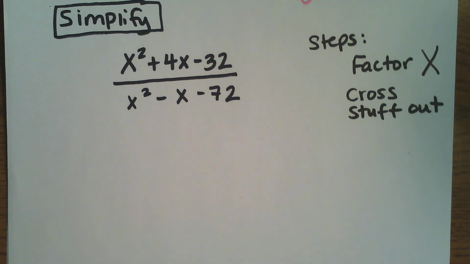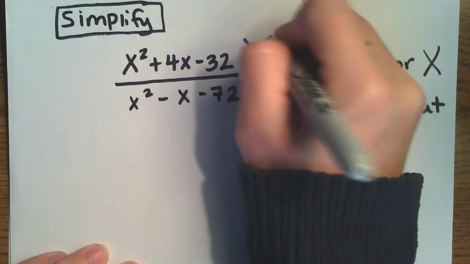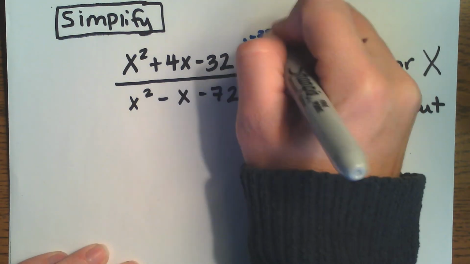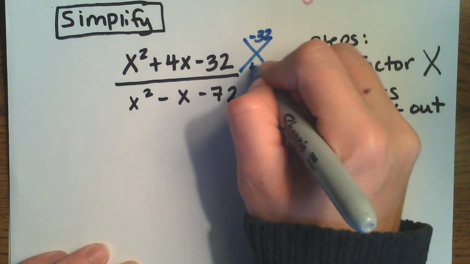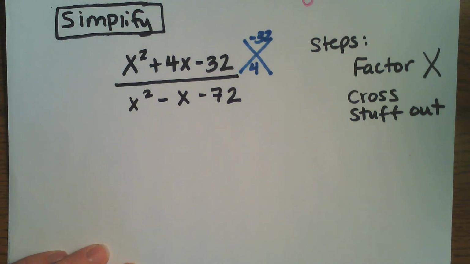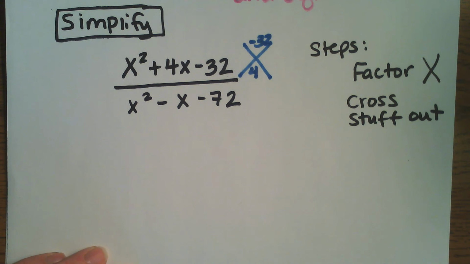Okay. So, to factor, you need factors of negative 32 that add to 4. What are two things that multiply to negative 32 and add to 4?